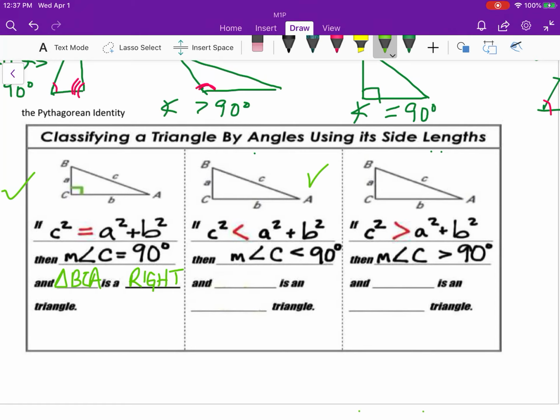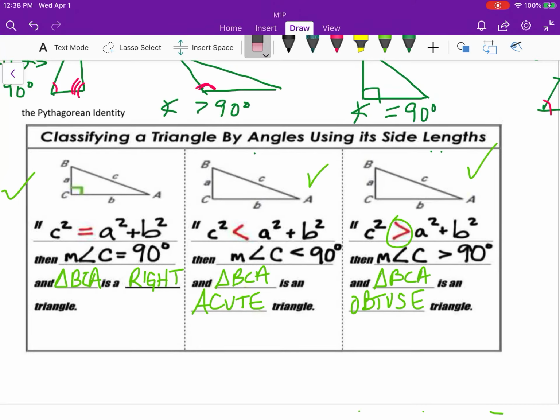That means then angle C is less than 90. So that'll mean that triangle BCA is acute. Less than is acute. Equal is right. So then obviously this one you see the greater than sign. This means that triangle BCA is obtuse. Don't know why I wrote that in lowercase, but you know me.